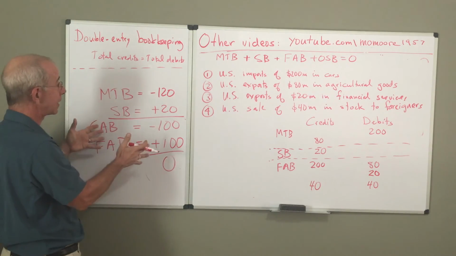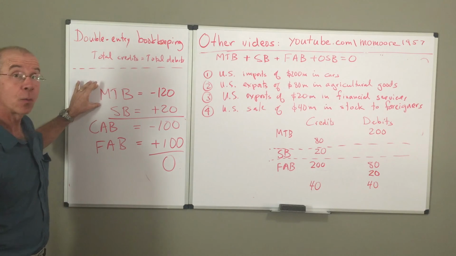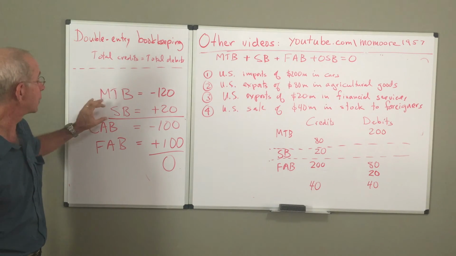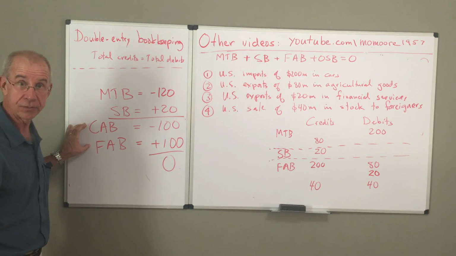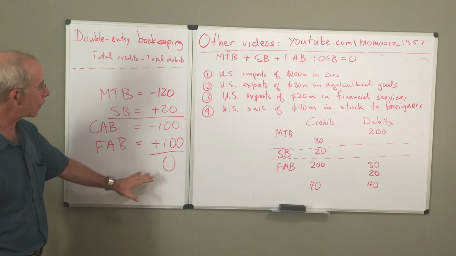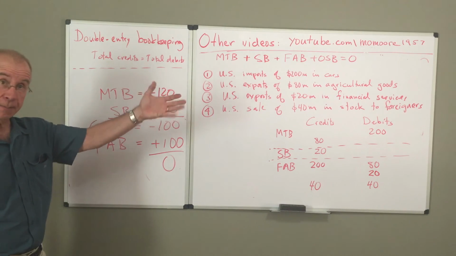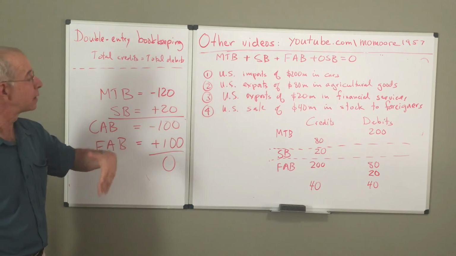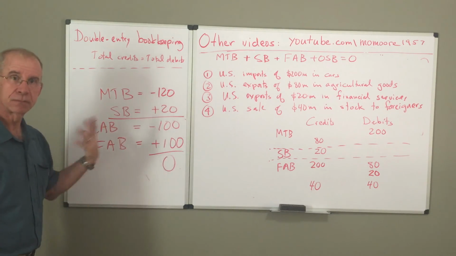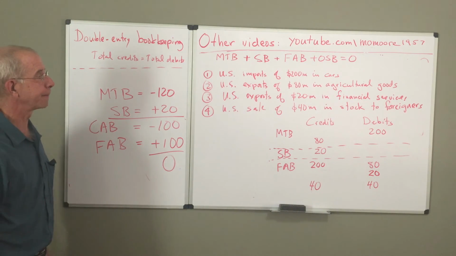And we are able to get a sense of how we are doing on the goods side, the services side, and the assets side. If we had intervention by the central bank, you would have the OSB in surplus or deficit. That would change this a bit, but we'll come back to that.